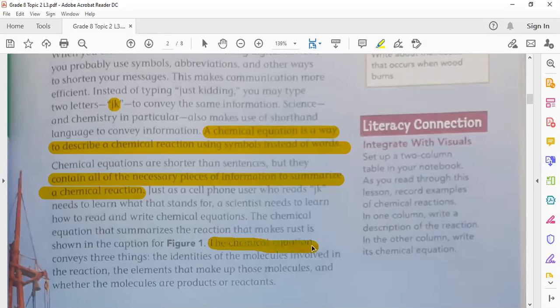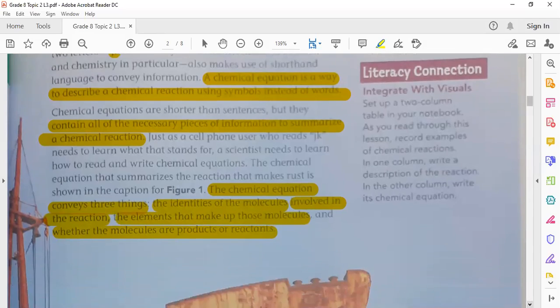The chemical equation must show the identities of the molecules involved in the reaction, the elements that make up those molecules, and whether the molecules are products or reactants.